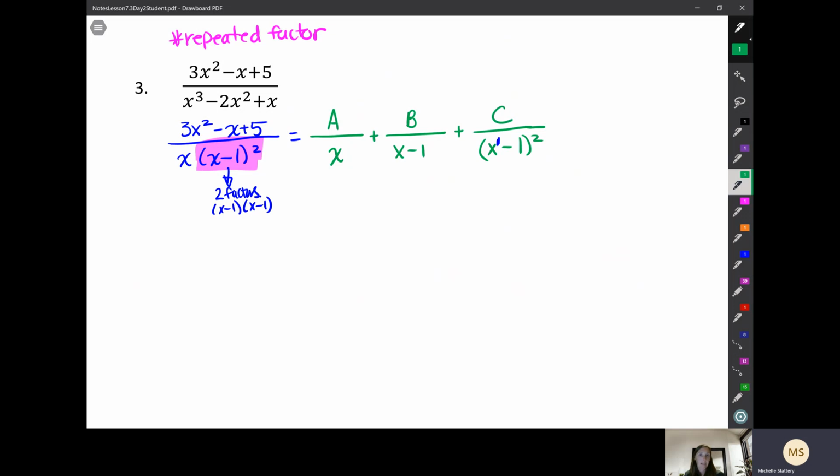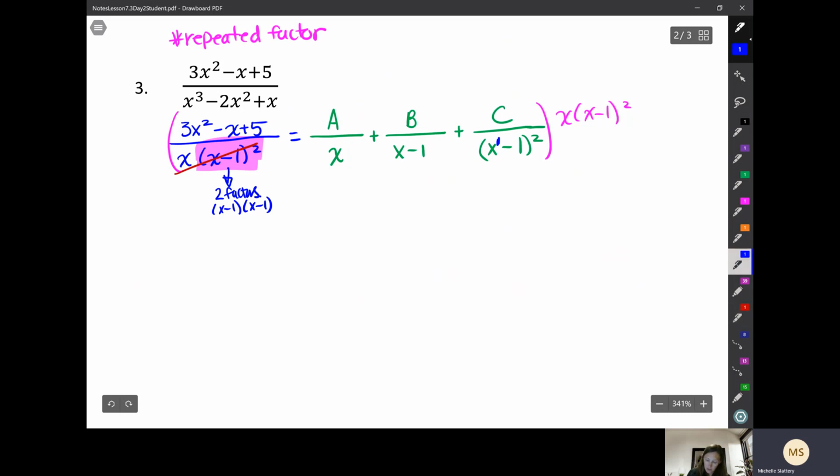Okay? All right. And now we're just going to continue with the same process as we've done on the earlier problems. So we're going to multiply this whole thing by the factors of the denominator. So we have x, and then we have x minus 1 quantity squared. So on the left, everything cancels.